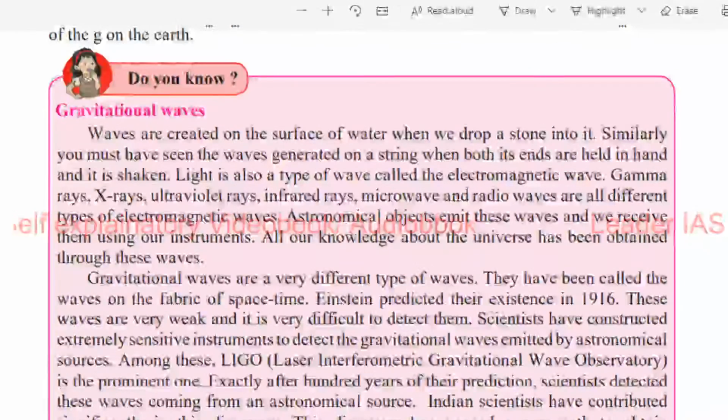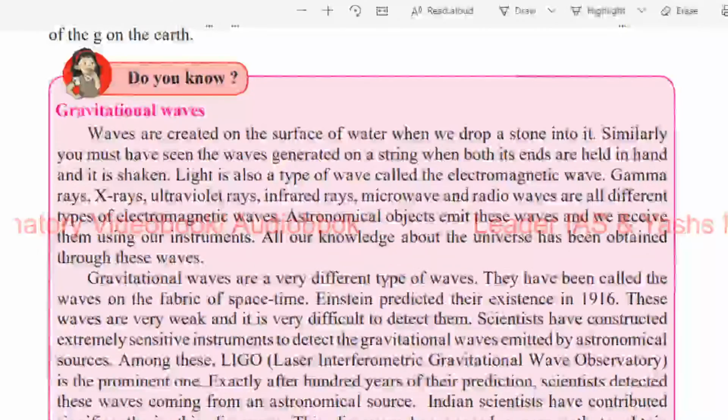Now, in the next topic, in a box, do you know about gravitational waves? Waves are created on the surface of water when we drop a stone into it. Similarly, you must have seen waves generated on a string when both its ends are held in a hand and it is shaken. Light is also a type of wave called electromagnetic waves.